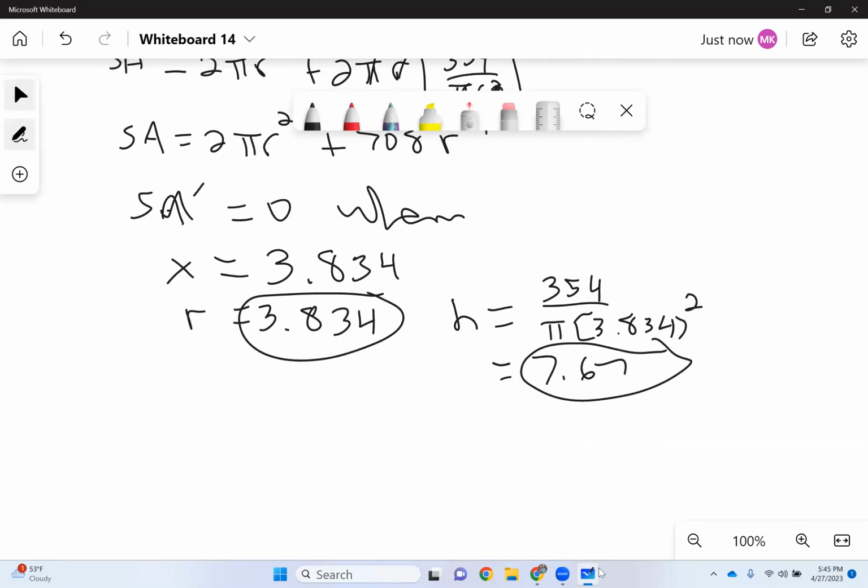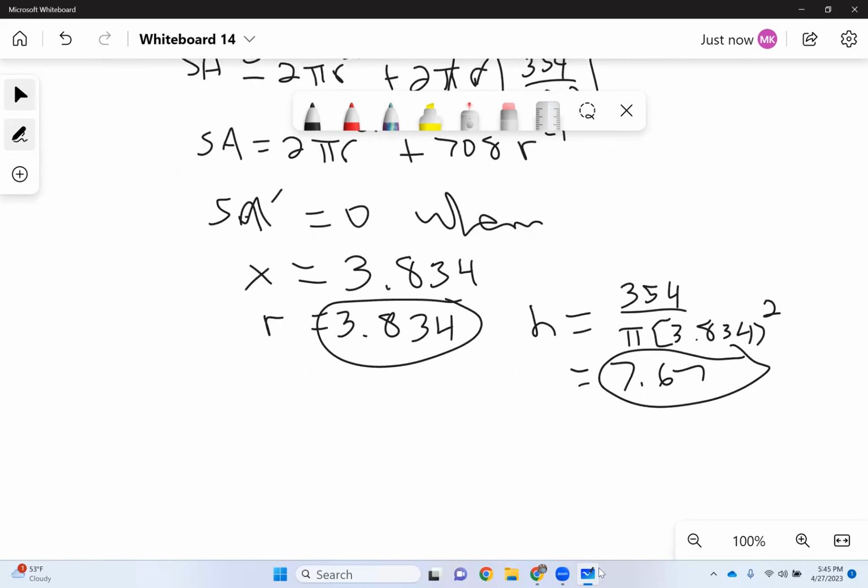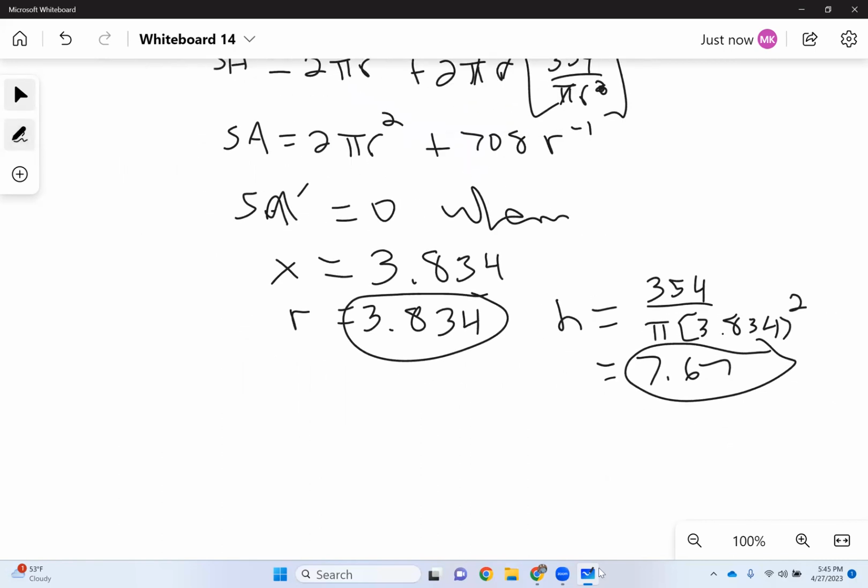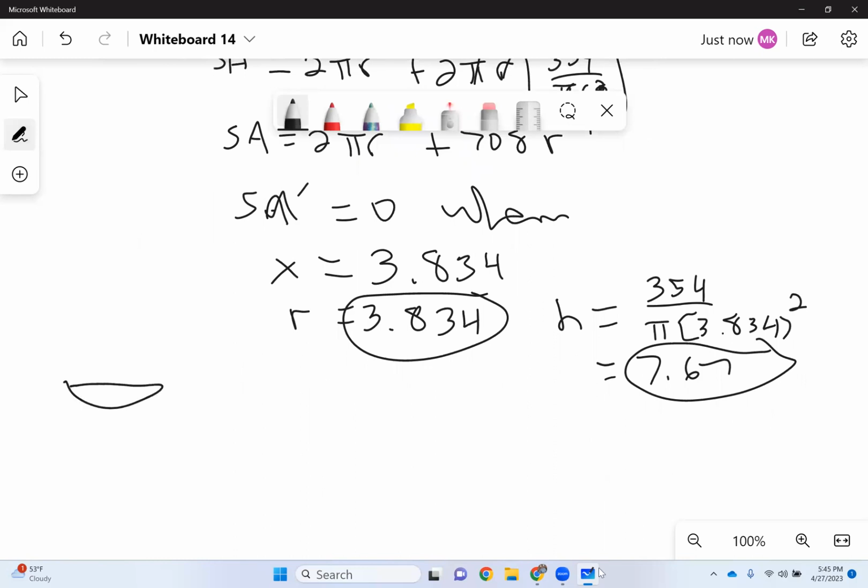Why might that be? Well, here's what I say. If we look at the can again, now, if it costs the same to make the top and the bottom and the sides, then the best surface area would be a radius of 3.834 and height of 7.67.